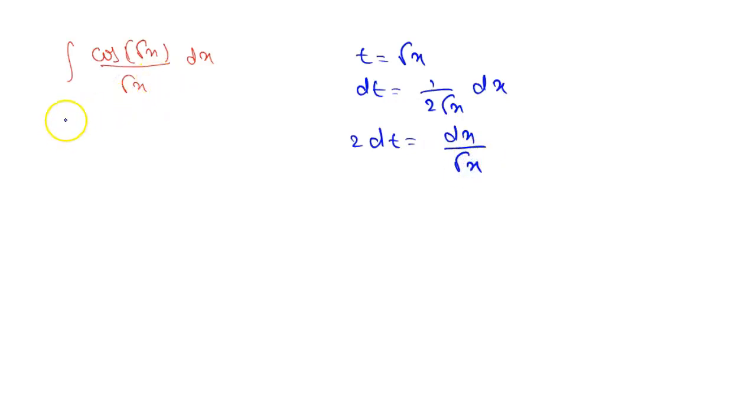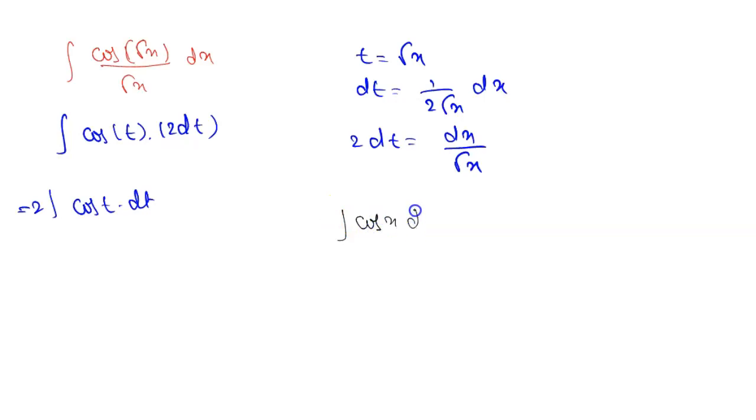So here I am replacing: integral cos t, and dx by root x is replaced with 2 dt. So it is equal to 2 integral cos t into dt. Here we have the formula: integration of cos x dx is equal to sin x plus c.